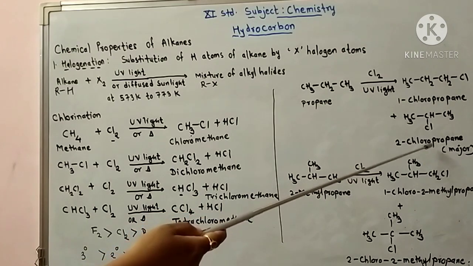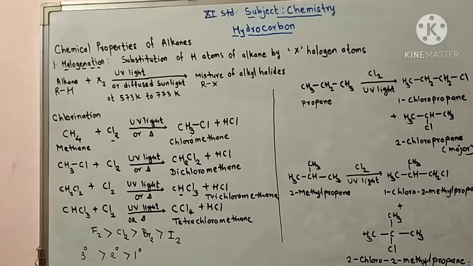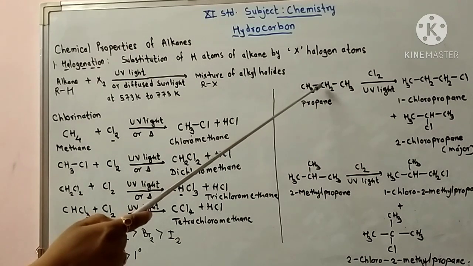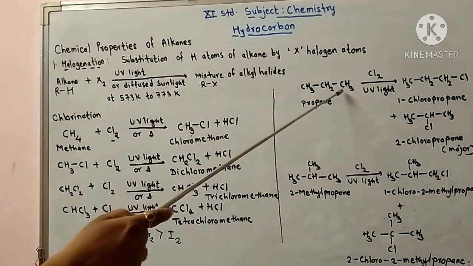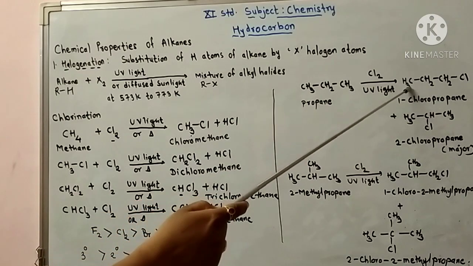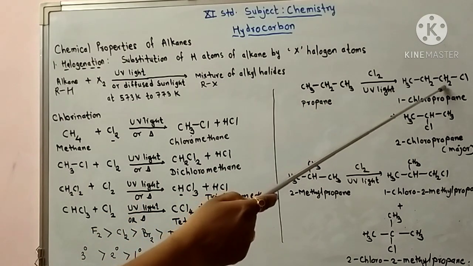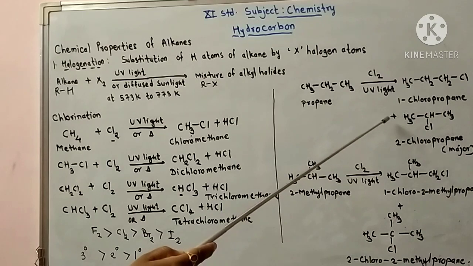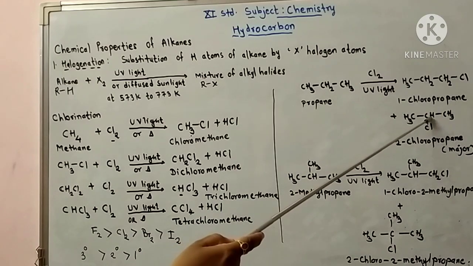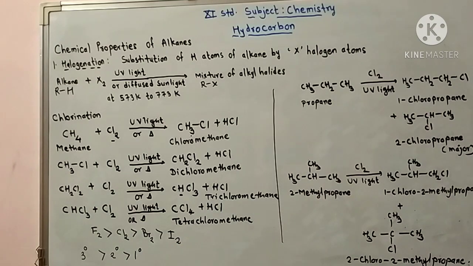In this, 2-chloropropane is obtained as the major product. See this reaction: CH3CH2CH3 gives CH3CH2CH2Cl plus CH3CHClCH3.